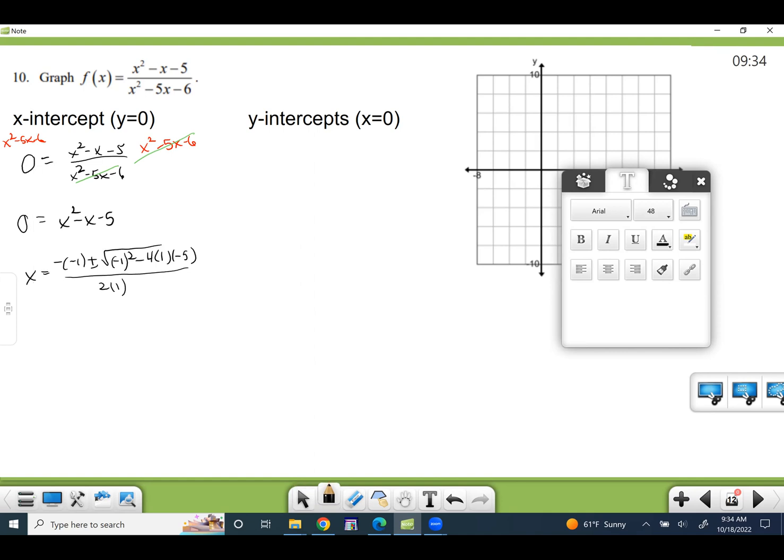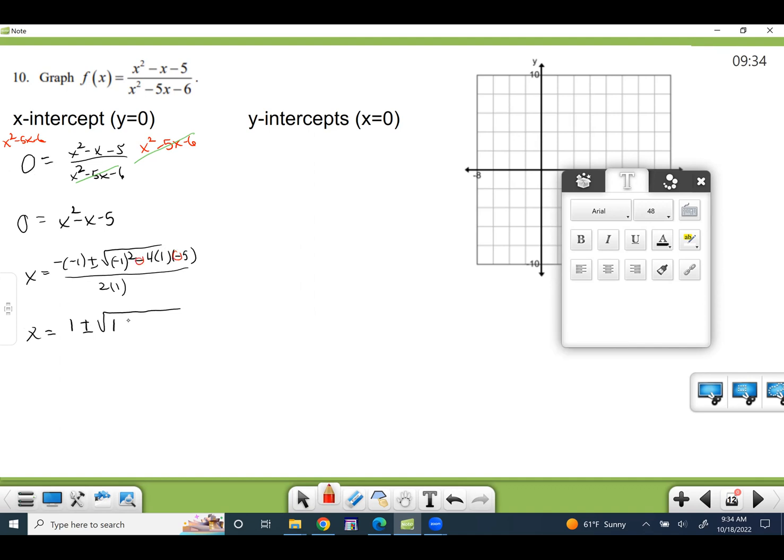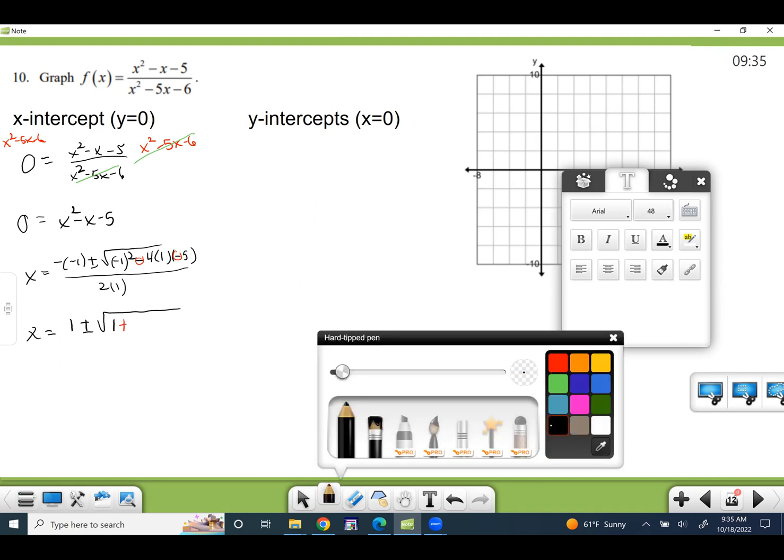All right. Okay, so we've got x equals positive 1. A negative times a negative equals a positive. And I'm going to circle my negatives. I've got 2 of them, which means this is going to become plus. And 4 times 1 is 4, times 5 is 20.